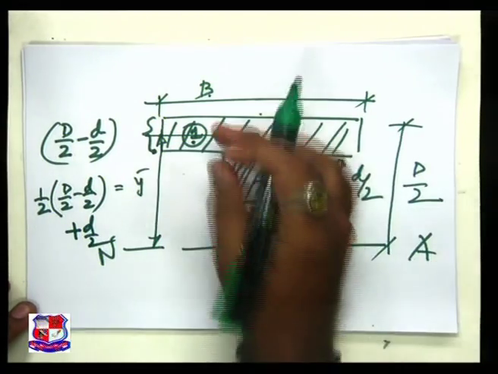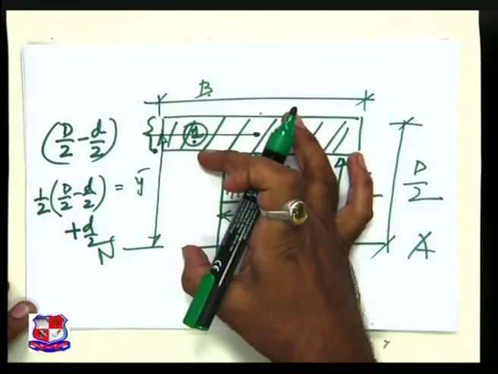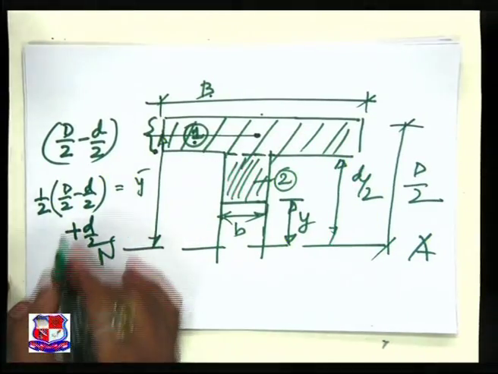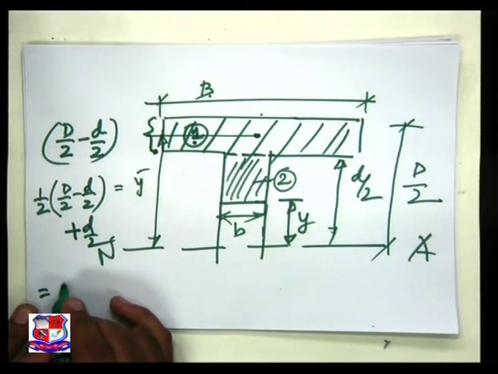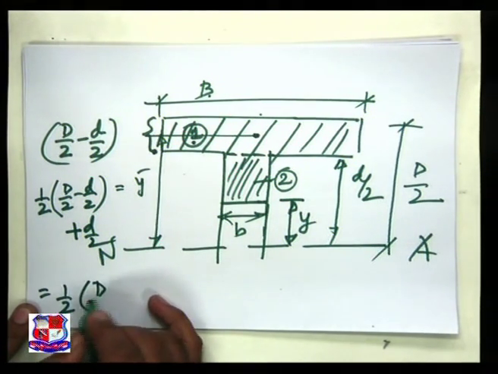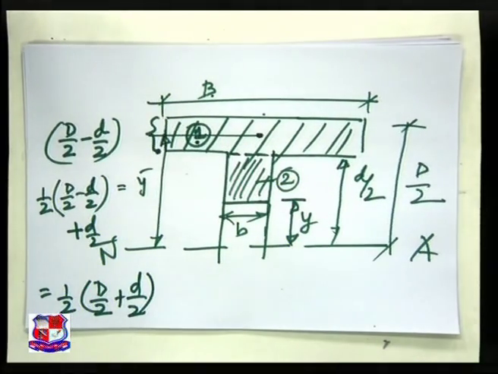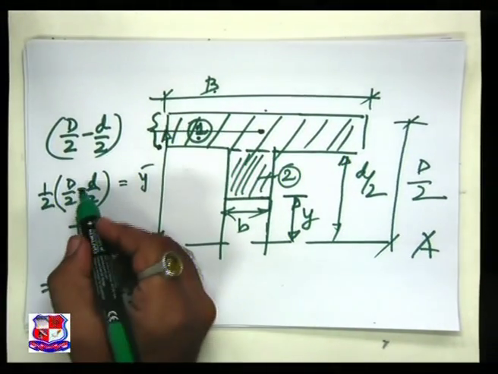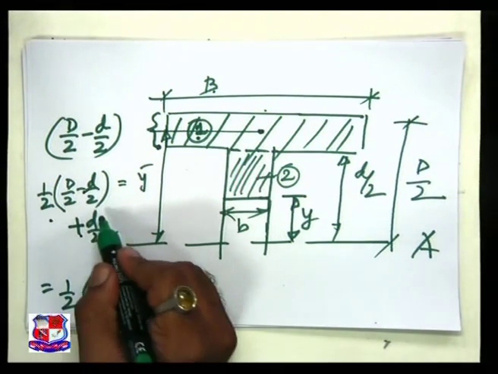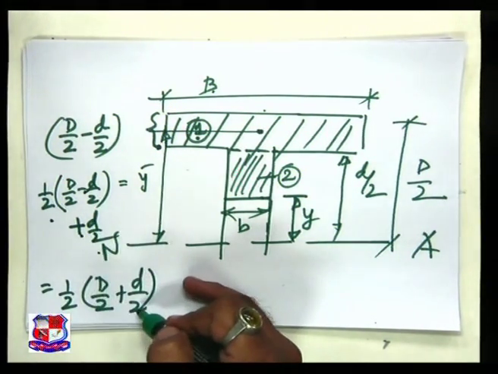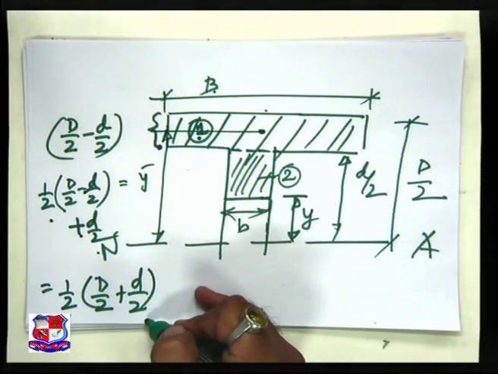It is this value plus this value, and if you simplify, this is equal to half of D by 2 plus d by 2. Because this is the minus sign and half of that, this is the plus sign, overall it comes to half of bracket D by 2 plus d by 2. This is simple mathematics.